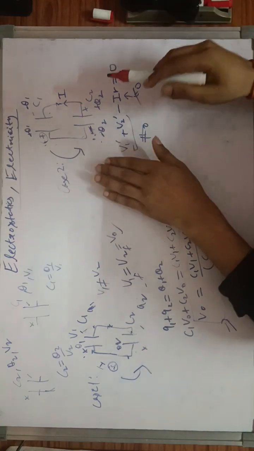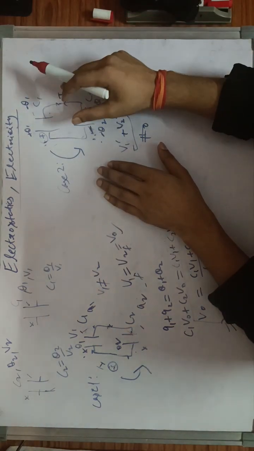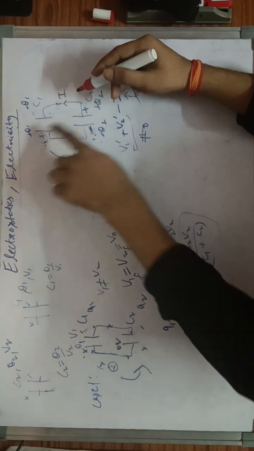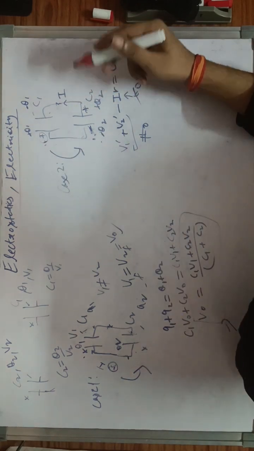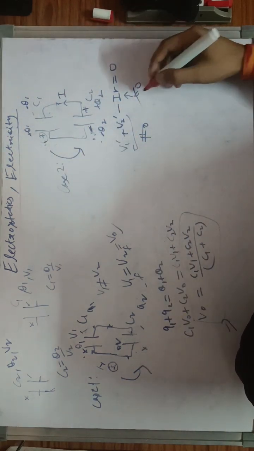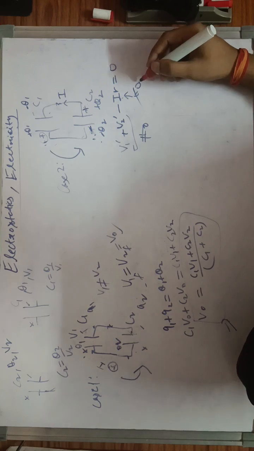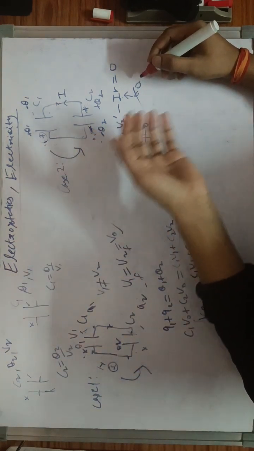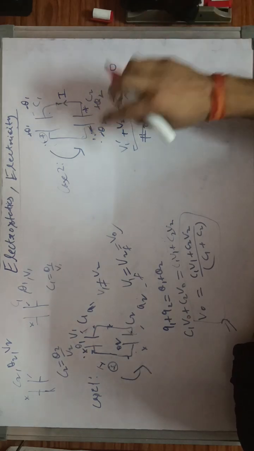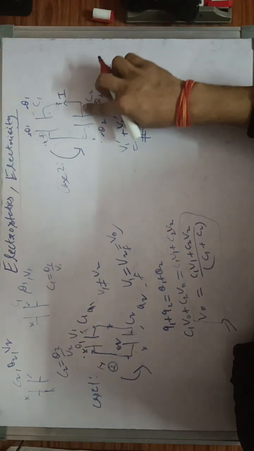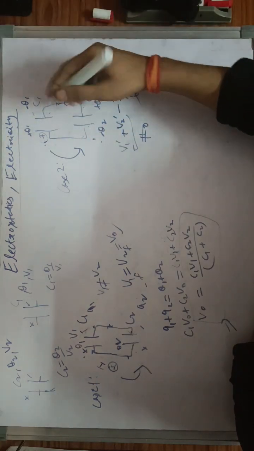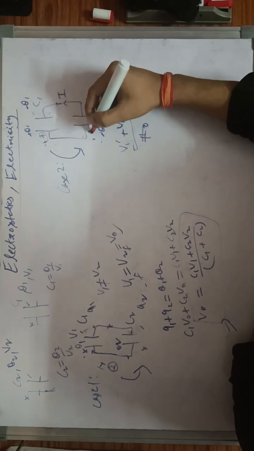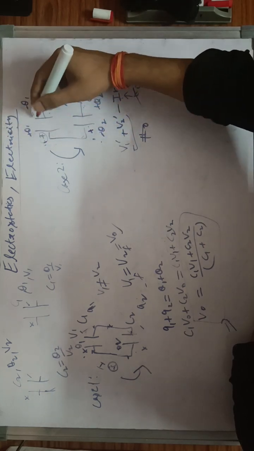So we assumed that a stable equilibrium is reached with some negative charge here and positive here, but it contradicts, since the current is not 0, which means it is not stable. So to get a stable equilibrium when you connect two parallel capacitors, they must have the same type of charge on the same sides.